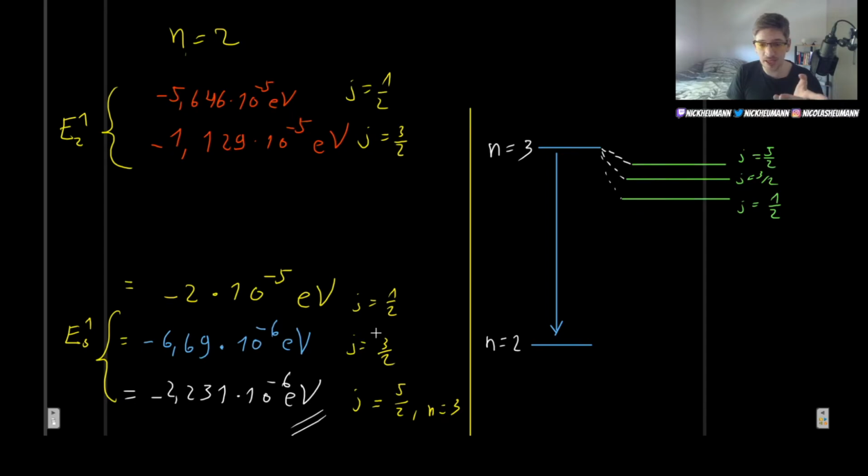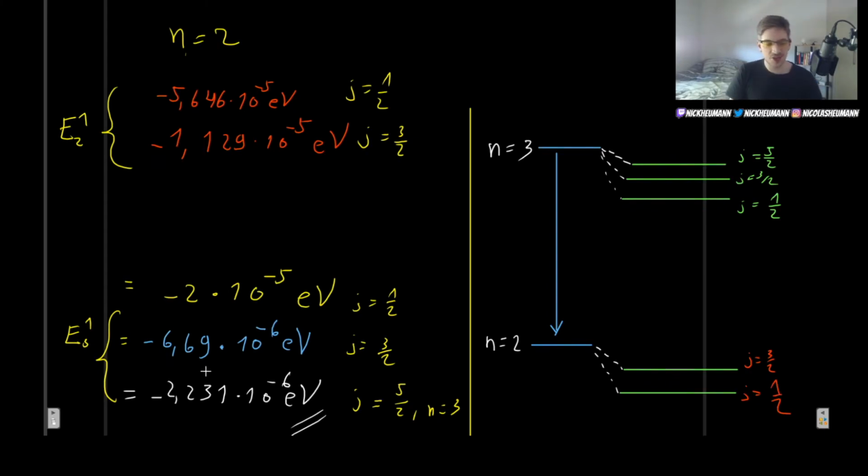And similarly for n equals 2, let me draw the lines again. So the energy levels were also decreased. And which level has the highest energy from these two? The one that was decreased the least was clearly the one for j equals 3/2, and j equals 1/2 is this one.